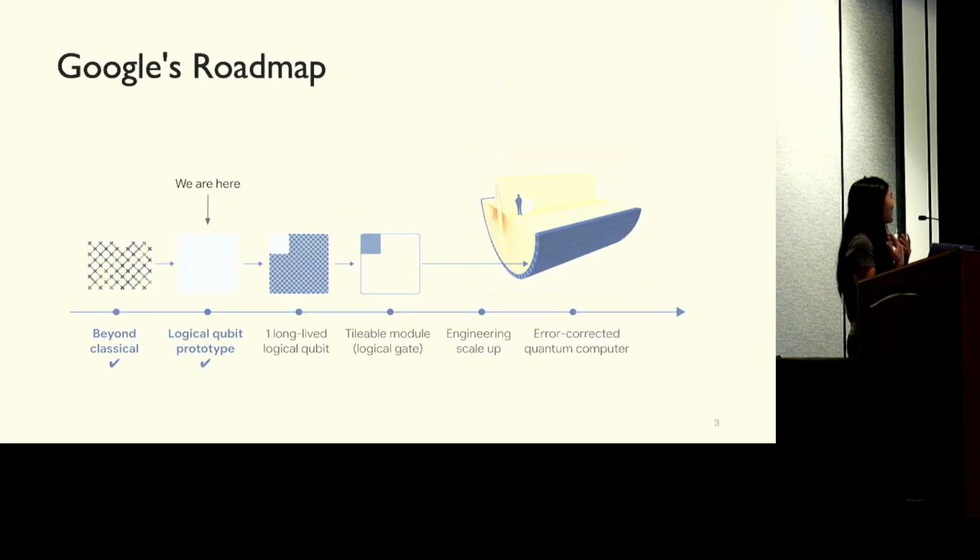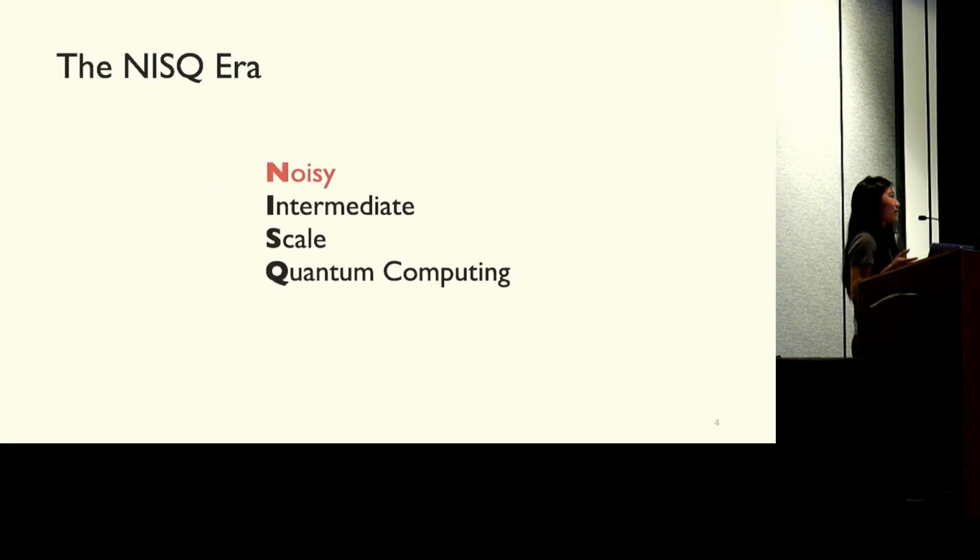However, as just an example, this is Google's roadmap for development. And as you can see, the arrow indicating where we currently are is very far to the left. We simply don't have the machines today capable of performing the types of computations I just mentioned. It'll be another 5 or 10 years, and that's so distant that the meantime has been given a name.